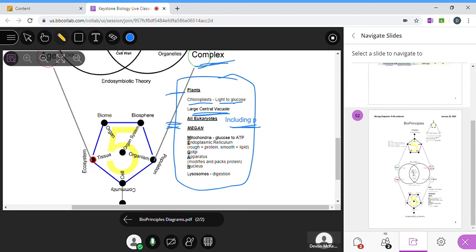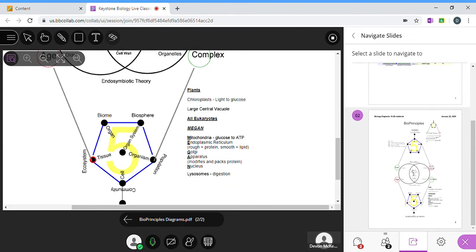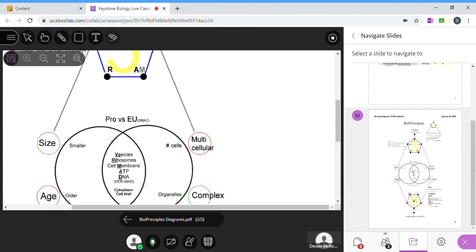Okay, so these two organelles, the chloroplast and large central vacuole, are specific to plants. Plants are eukaryotic cells, and as a subset of eukaryotic cells, they have these two organelles that other eukaryotes do not have. But all eukaryotes, so here we're going to do this again.